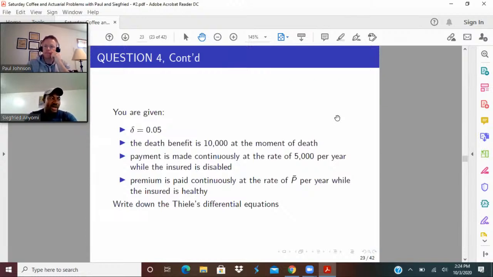Another interesting guy. The Thiele differential equation is just a simple version of the Kolmogorov forward equation. The interesting background here is that the model was actually invented back in the 18th century, but never got published until the 20th century. Oh, really? Yeah.